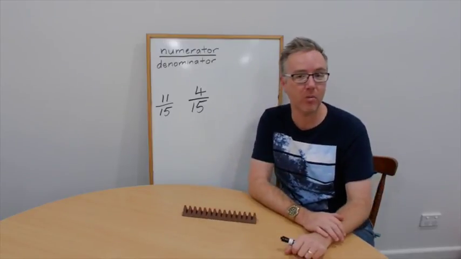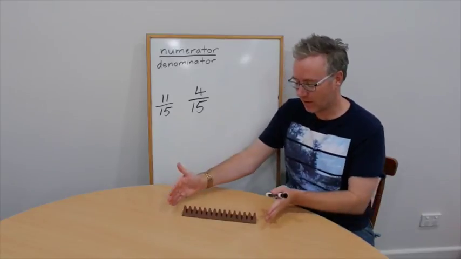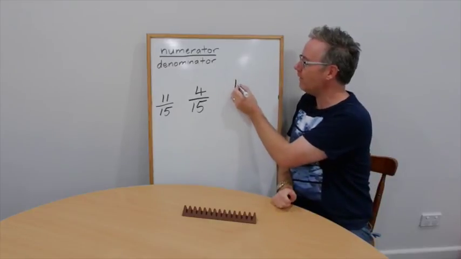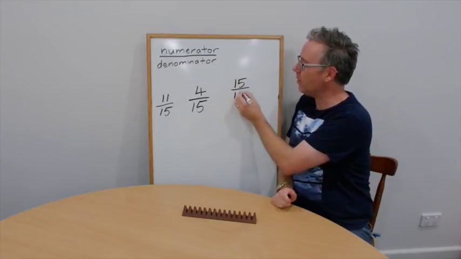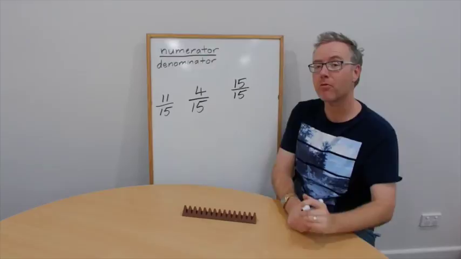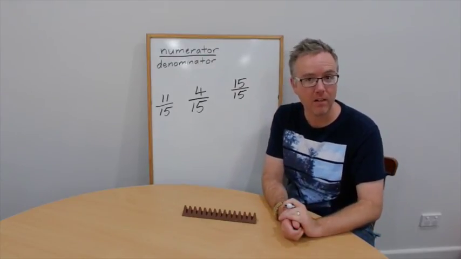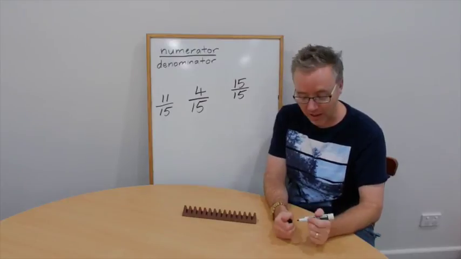So there I've made that Toblerone whole again. We have numerator 15 and denominator 15, they're equal. But for it to be a proper fraction, the numerator will never ever be bigger than the denominator.